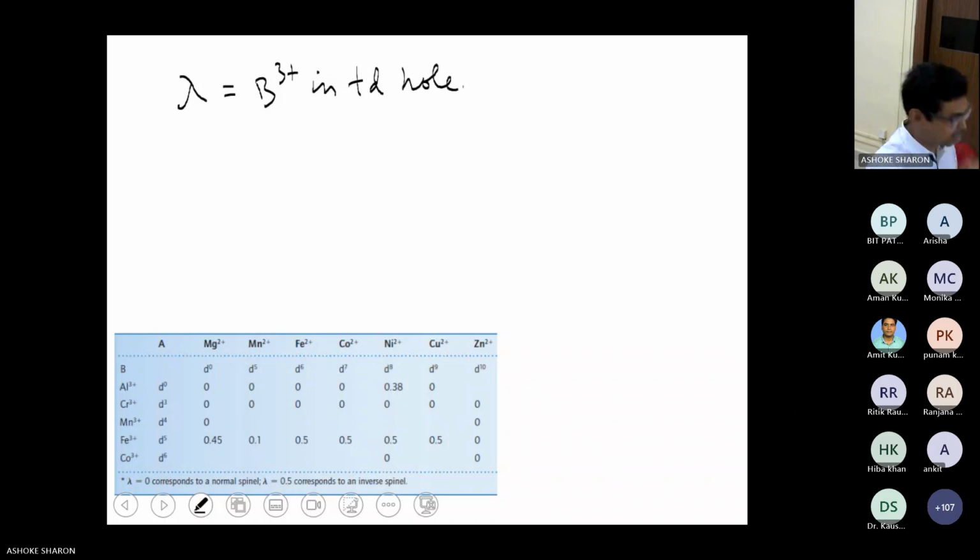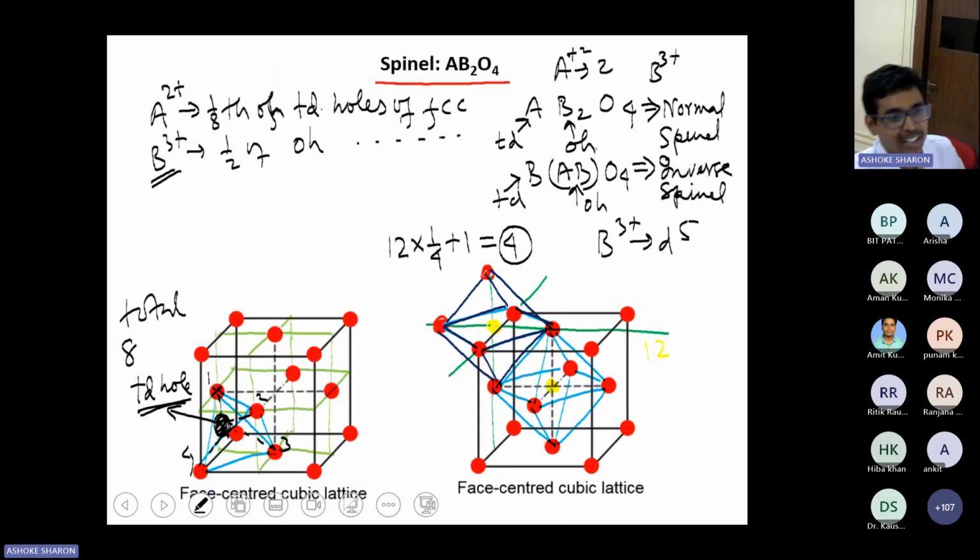I think there is a table here as discussed over there. And here one more parameter, lambda, is introduced, where lambda is the occupancy factor of B3+ in the tetrahedral hole. You see, B3+ will move to the tetrahedral hole only in the case of inverse spinel.